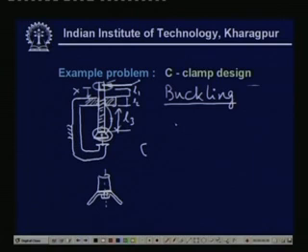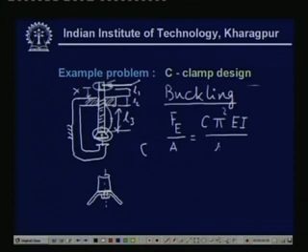Now, all of you know the critical load for buckling. The very simplified analysis of buckling critical load is given by the Euler formula, and that is equal to C times pi square E I divided by L square, which you can write as F_E by A equal to C times pi square E divided by (L by K) square, where C is a constant. I shall come to that later.